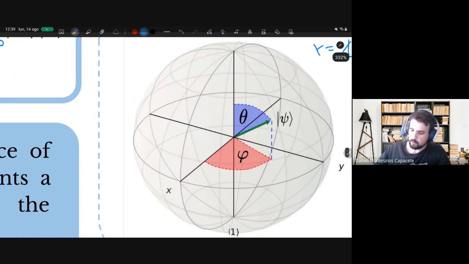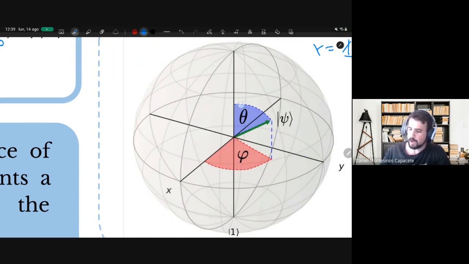Theta equals 0 when you have a vector in the axis pointing up, and it moves all the way down to here, when you have the vector in the same axis but pointing down. That's how you move using theta, and the range of the movement is 180 degrees, or pi. It is more common to use pi. So that will be theta.